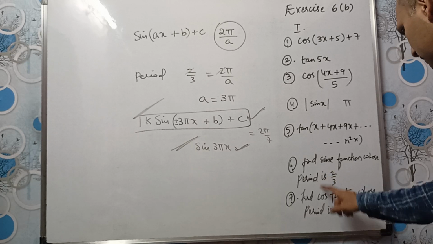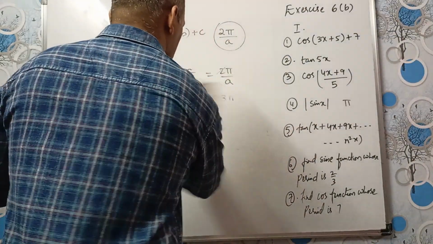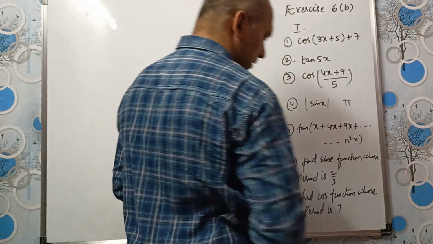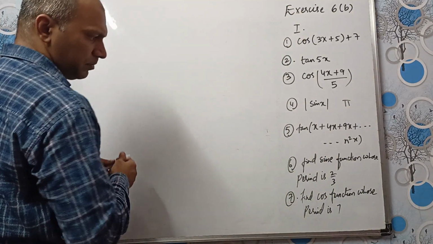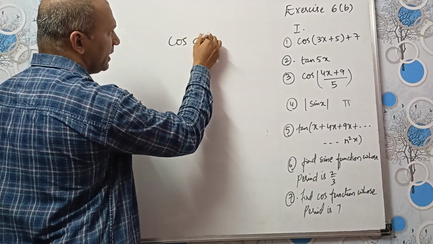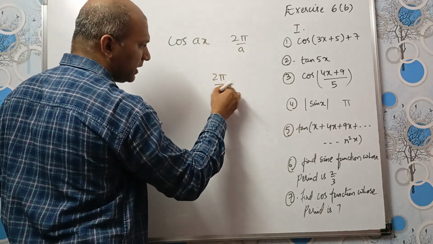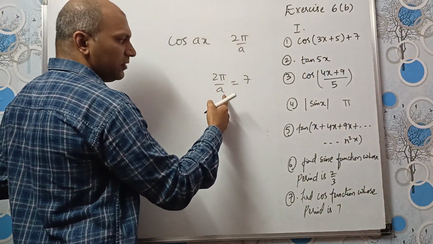Now let us find the cos function whose period is 7. Let us write the textbook answer now. Cos function whose period is 7. See, cos ax, what will be the period? 2 pi by a. Now this 2 pi by a is given as 7. So find the value of a from here.